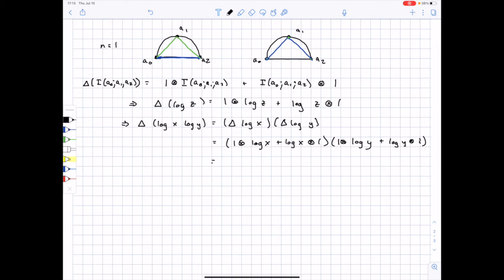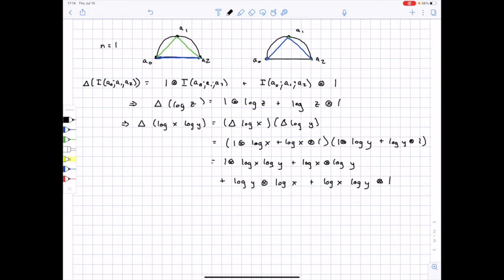And remember, this kind of product in the tensor space just proceeds by taking products on the left and right. So here by binomial expansion we have 4 terms, and in each of those terms, we straightforwardly just multiply what's on the left and right of the tensor product. So we get 1 tensor log x log y plus log x tensor log y plus log y tensor log x plus log x log y tensor 1.